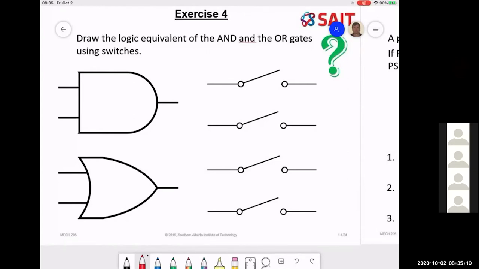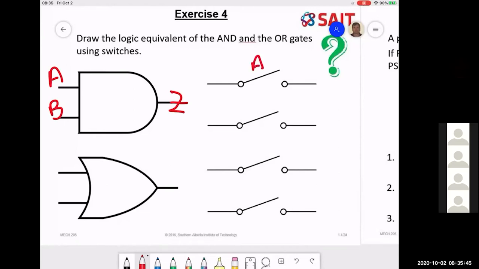But if I wanted to create an AND, I've got two switches, and I want to create an AND. So A and B must be true in order for Z to happen. How do you think I'd connect those together? Anyone? In series? In series, exactly.